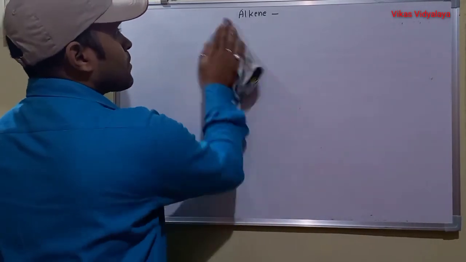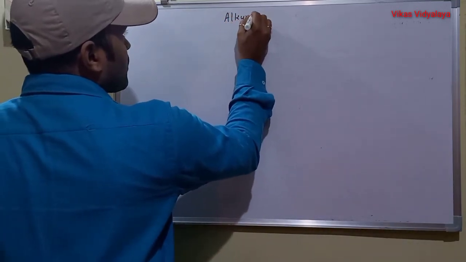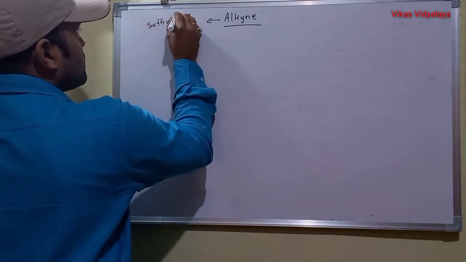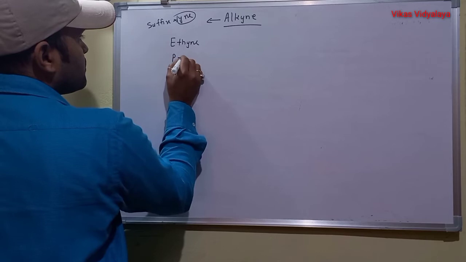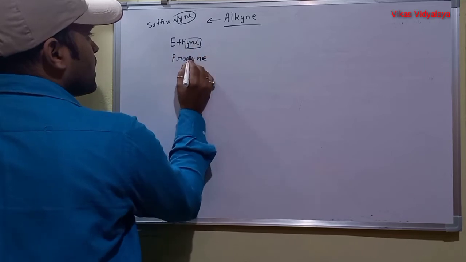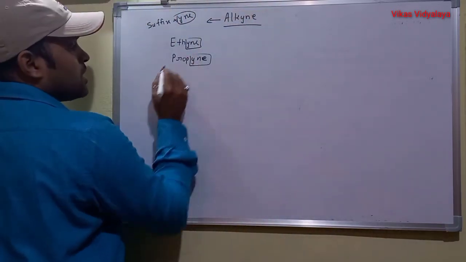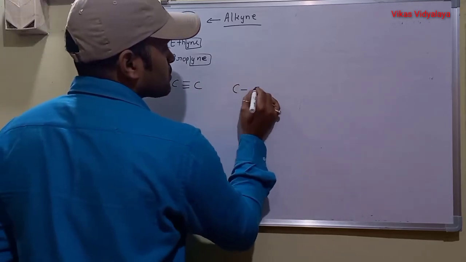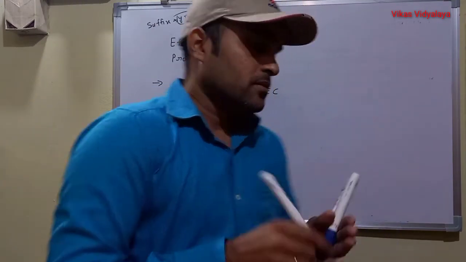Next we will talk about alkyne. The suffix of alkyne will be "-yne", like ethyne, propyne, butyne. These are examples. The suffix is "-yne". The second thing is that between any two carbon atoms there will be a triple bond.